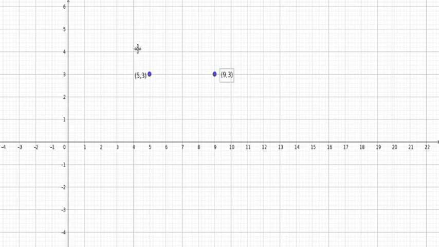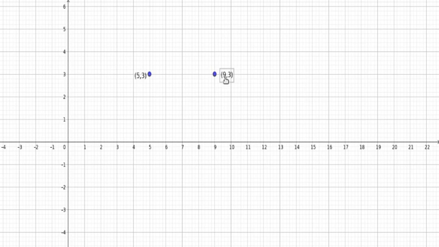See, here we have 2 points. One is (5, 3) and the other is (9, 3). See, in both the points, the y coordinates are the same. If the y coordinates are the same, the distance between the points is the modulus of the difference of the x coordinates.